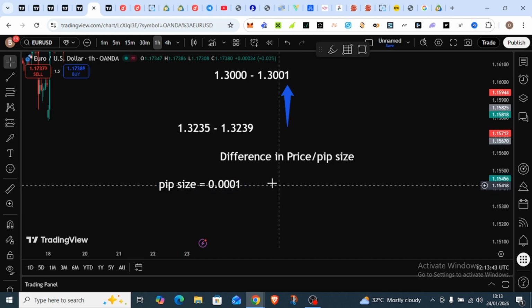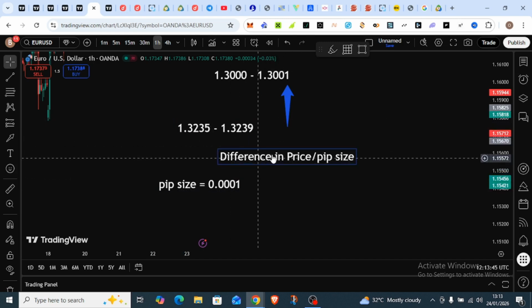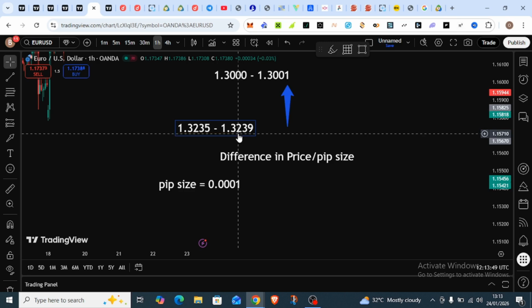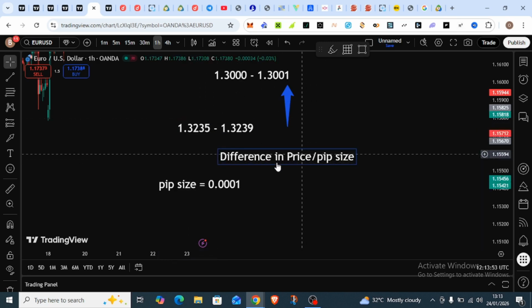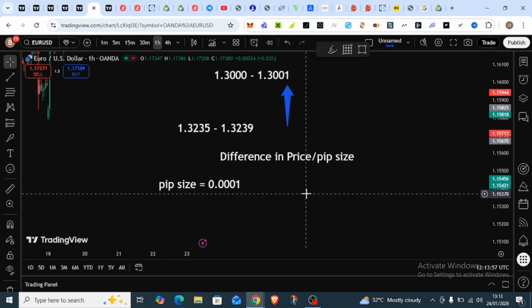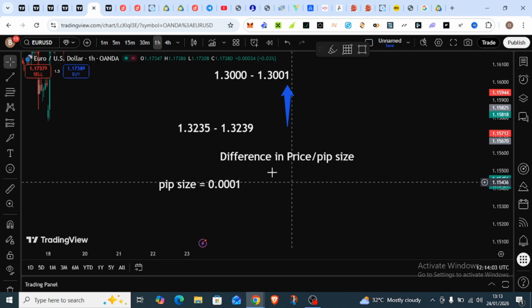Difference in price is the final price minus the initial price. You divide it by this pip size, which is 0.0001.